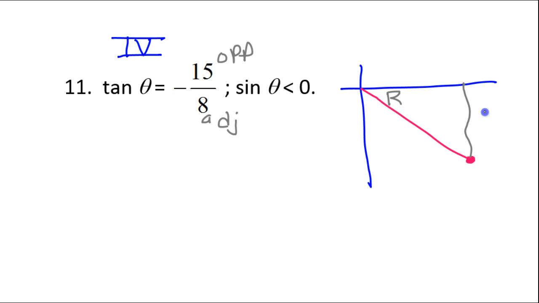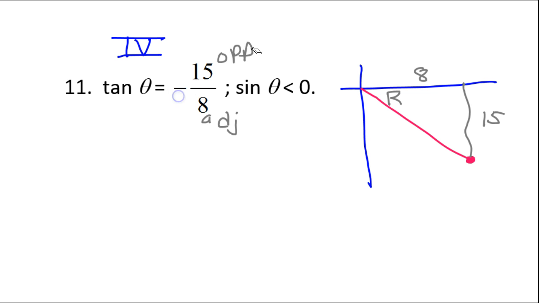So I know I need a 15 over here being opposite, and I know I need the 8 right here being adjacent. So to make this tangent negative, we know one of these has to be negative, but we don't have to guess because the quadrant tells us this is 8 to the right, so that's positive, but this is 15 down. So the 15 is the one that has to be negative. Alright?